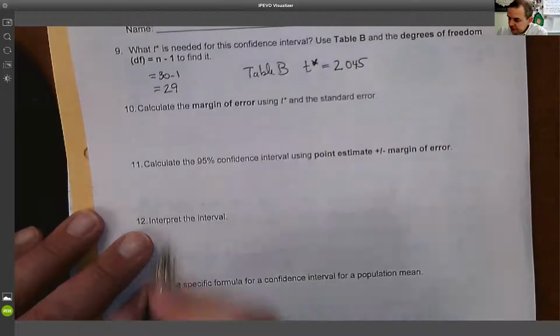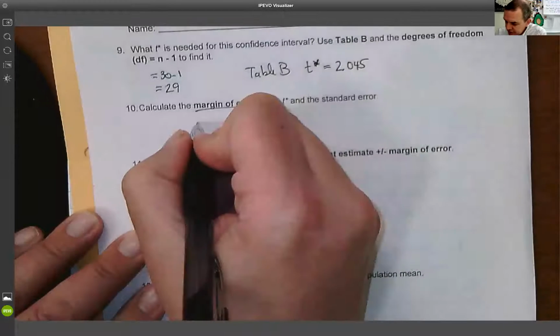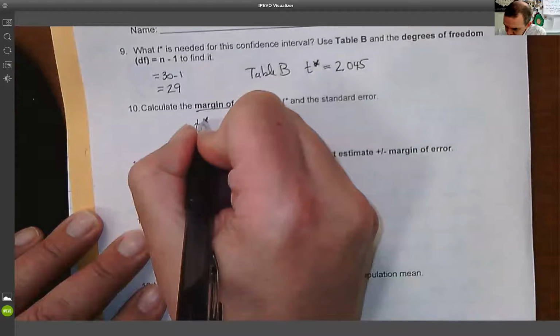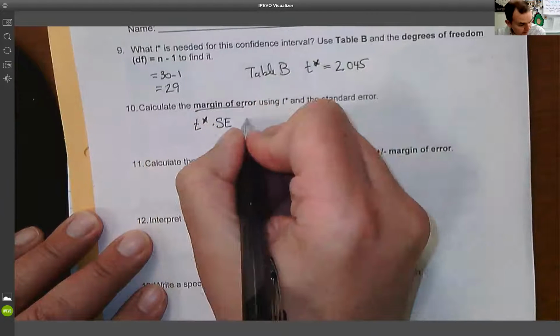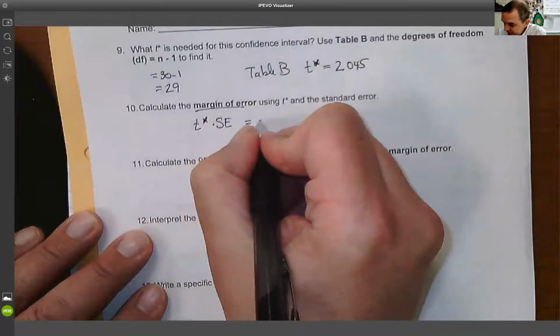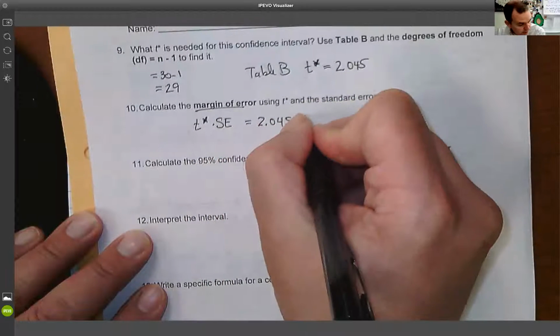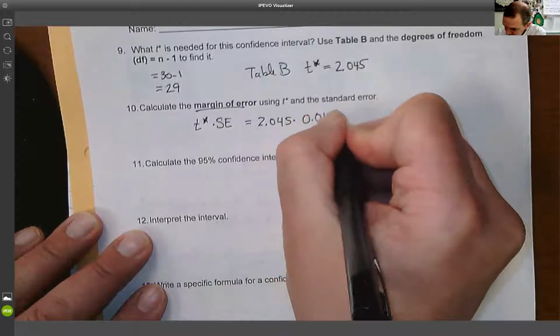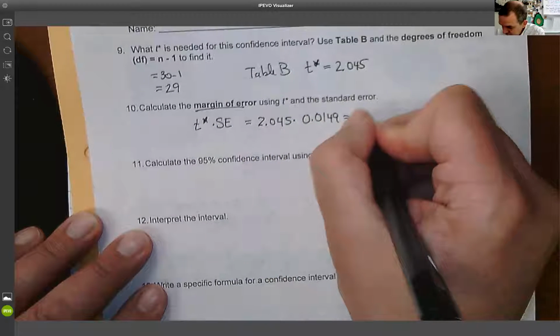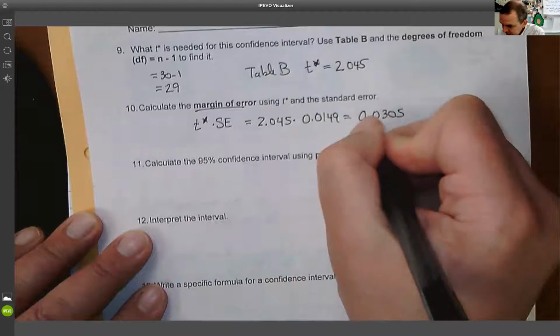So now, figure out the margin of error. Margin of error is our t star times our standard error. So in this case, it's our 2.045 times our 0.0149, and that's going to give me 0.0305.